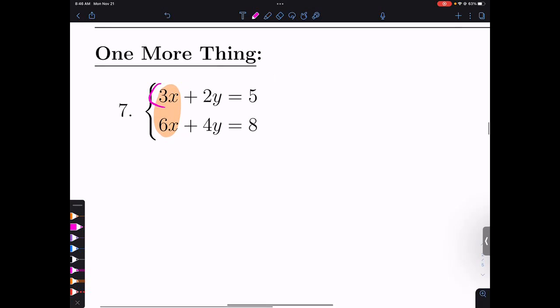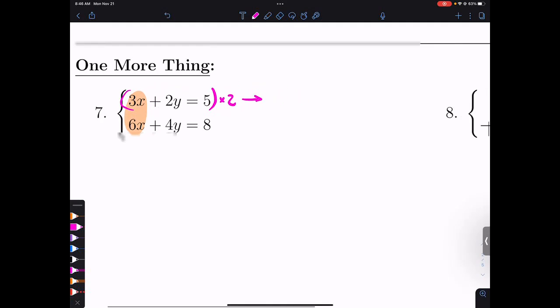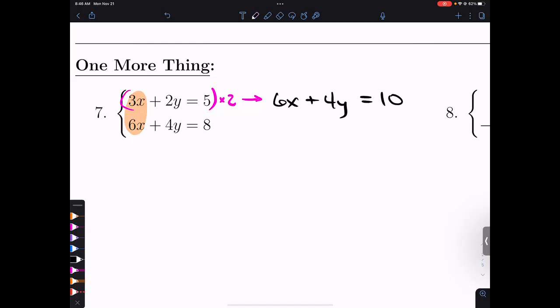To get rid of x, I need to take the first equation and multiply by 2 to take that 3x up to 6x. Multiply by 2 all the way across then. Second one, I'm just carrying over, not changing anything.